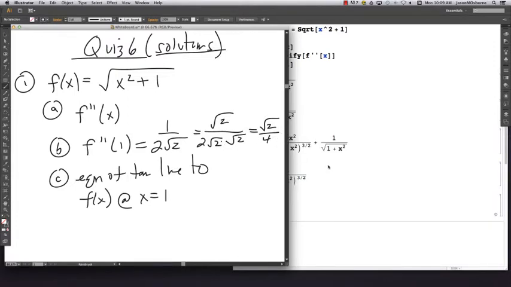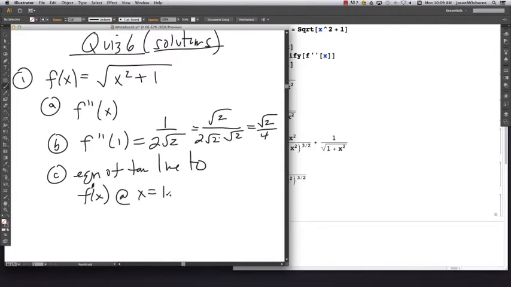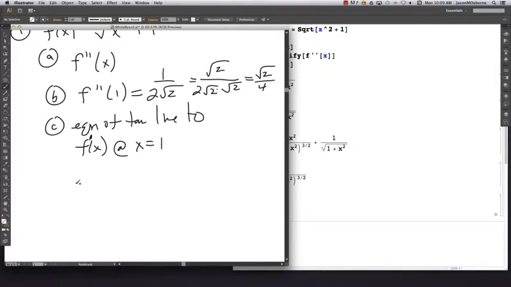Okay. So the equation of the tangent line to f, that was the problem, is y, or tangent line L of x, is equal to f prime of 1 plus f double prime of 1 times x minus 1.